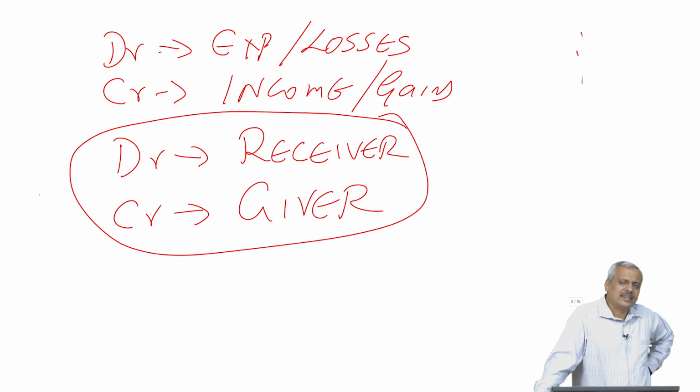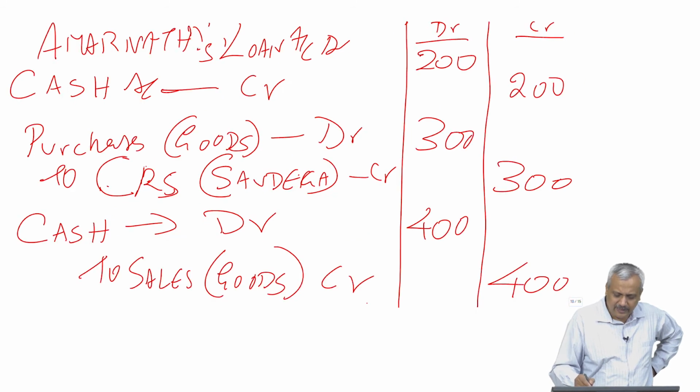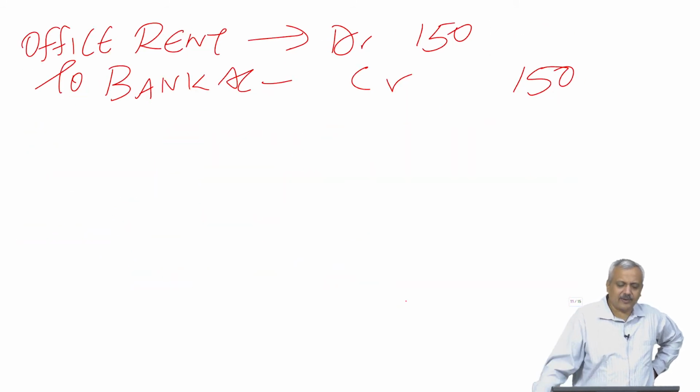So what have we done? Office rent is an expenditure which I have debited to the extent of 150. That is what you see.